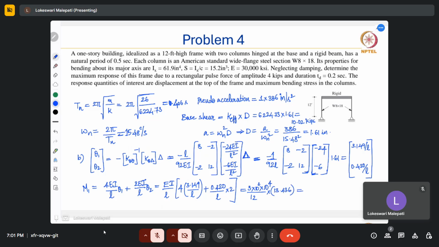13.436. So the total value for the moment would be 404.97 kips inch, kilopound inch.